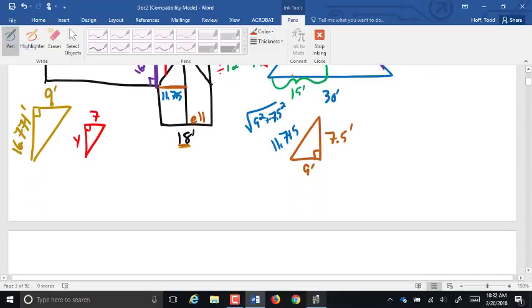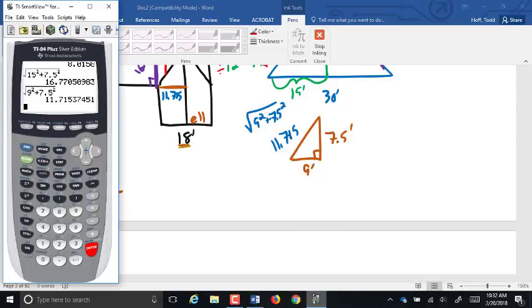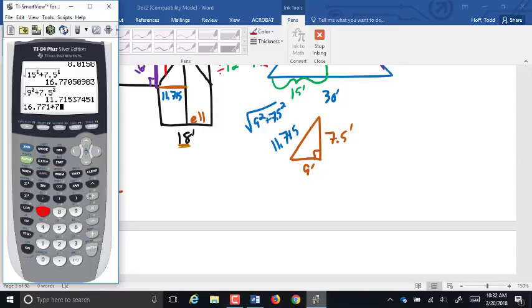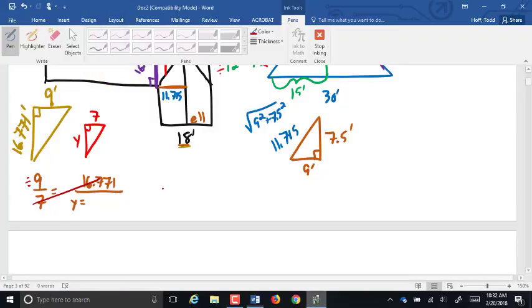So we have 9 over 7 equals 16.771 over y. Cross multiply and divide. So 16.771 times 7 divided by 9 gives us 13.044. We subtract to get 3.727. That would be the decrease on the main roof side.